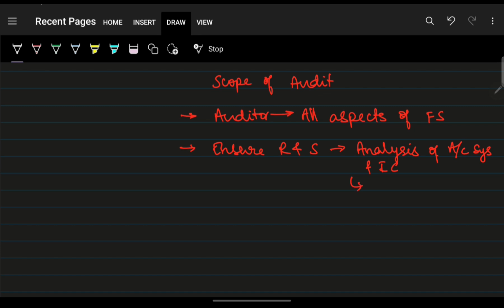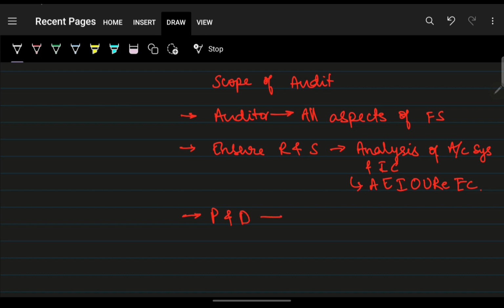How will he do this? Through analytical procedures, inquiry, inspection, observation, recalculation, reperformance and external confirmation. And lastly, he should ensure that there is presentation and disclosure.